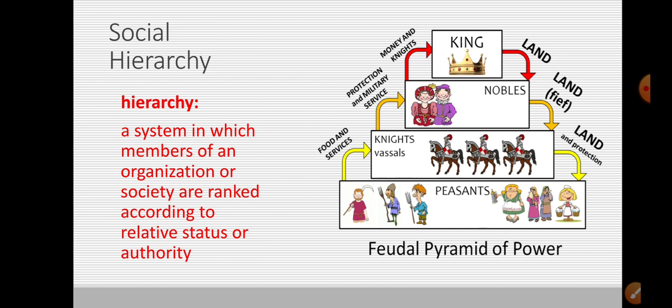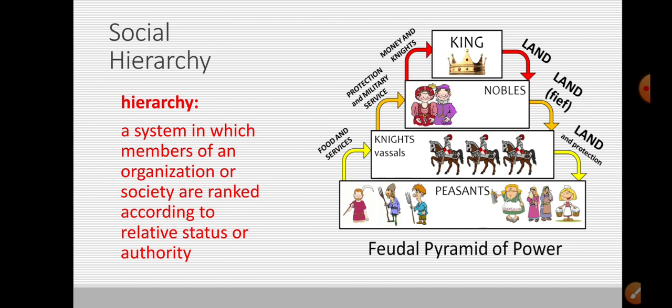As you can see, the arrows going on the left-hand side. The peasants give food and services to the knights. The knights give protection and military service to the nobles, and the nobles give money and provide knights to the king to protect the king. Right, so this would be this pyramid-like hierarchy.